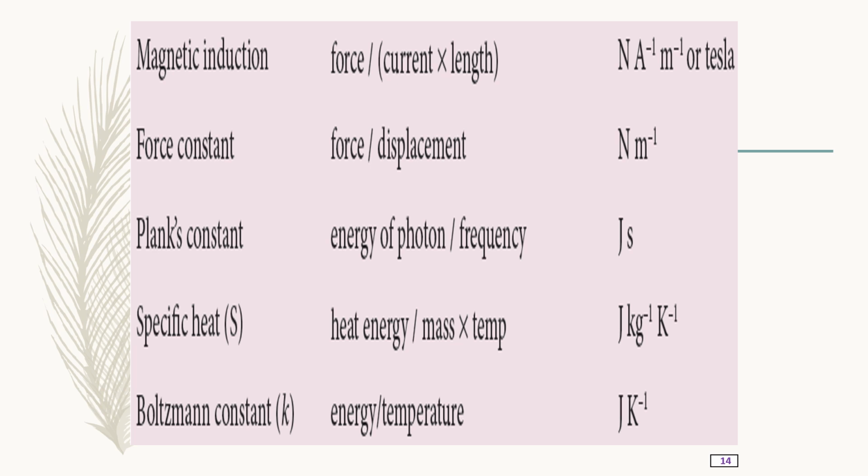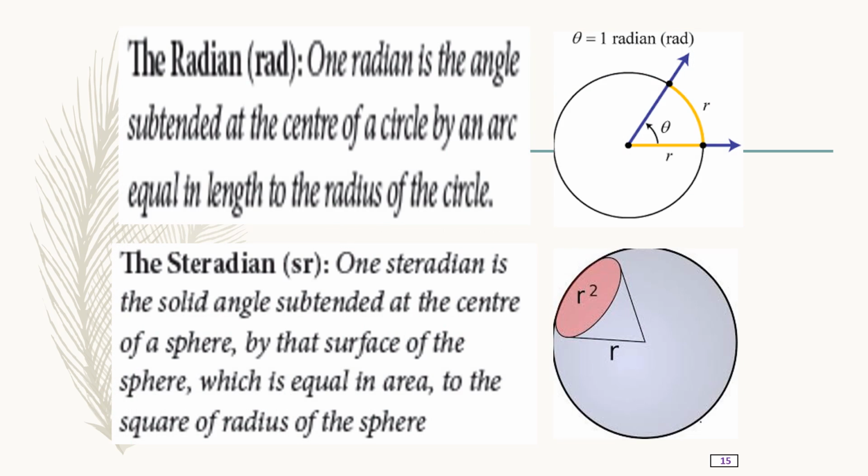Planck's constant, energy of photon divided by frequency, joule second. Next, specific heat, heat energy by mass into temperature, so joule per kg per Kelvin. The last one is Boltzmann constant K, energy by temperature, joule per Kelvin.